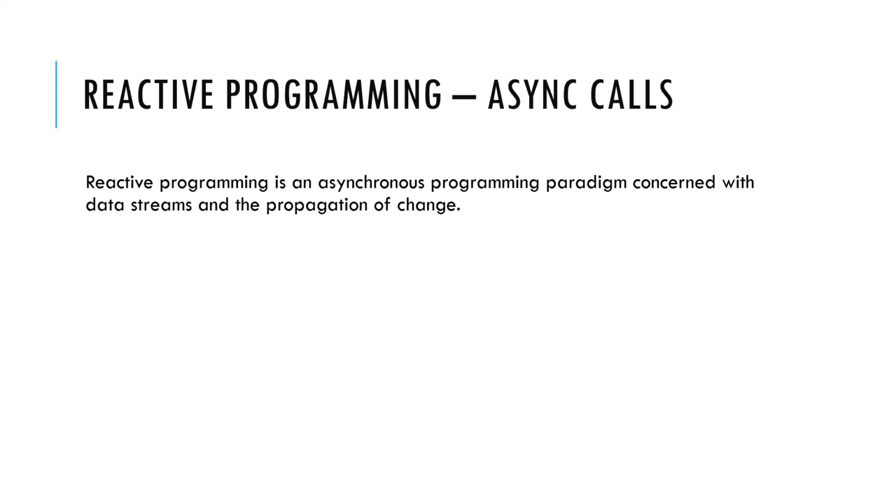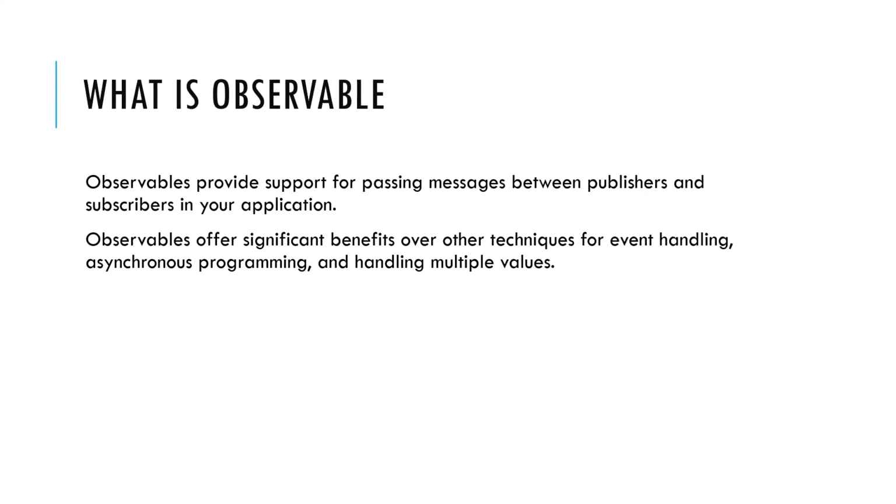So what exactly is reactive programming or async calls? Reactive programming is an asynchronous programming paradigm concerned with data streams and the propagation of changes. So what is an observable? An observable provides support for passing messages between the publisher and the subscriber in an application.